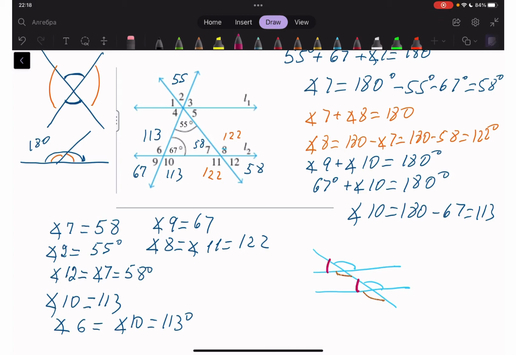So what does that mean? That means that angle 1 is going to be equal angle 7, right? Let me mark down and then I'll clean it. Angle 1 is going to be equal angle 7 because it's crossing parallel lines, right? And it crosses with the third line.